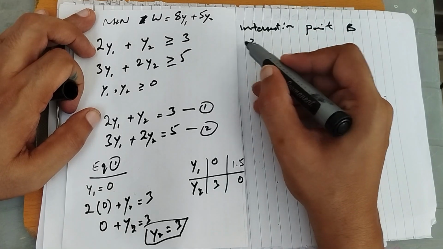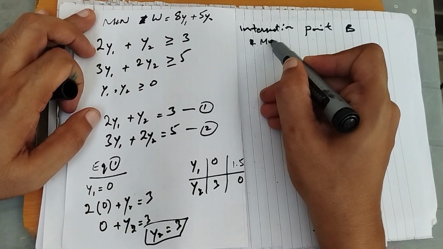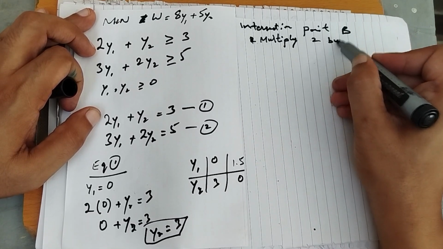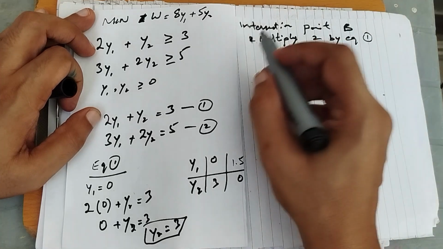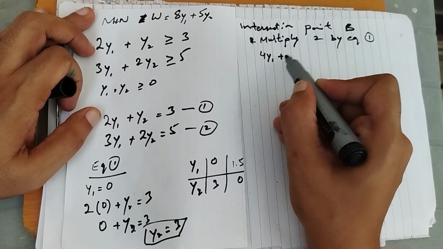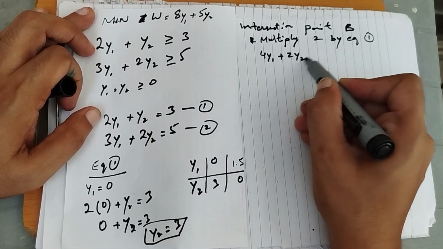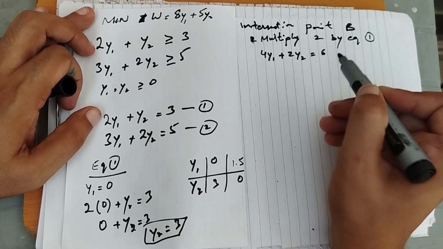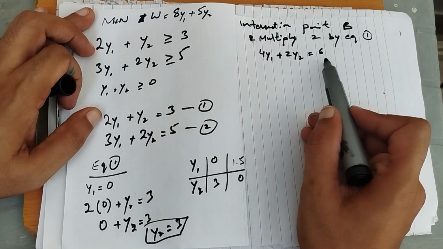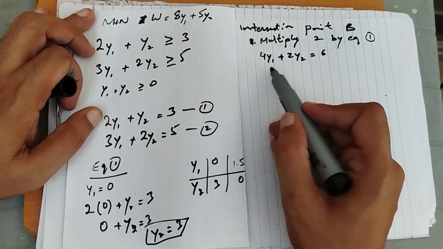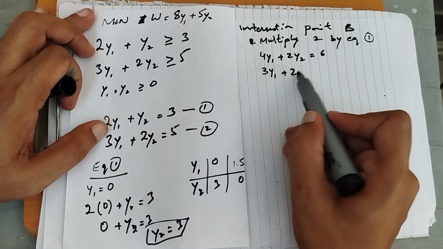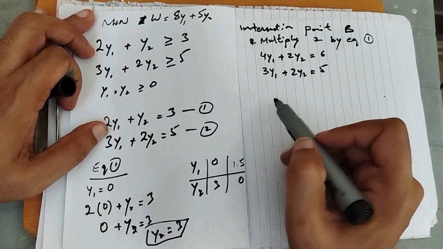First we multiply equation 1 by 2. So equation 1 would be 4y1 plus 2y2 equals 6. Equation 2 we did not change. Now we have to subtract and eliminate.